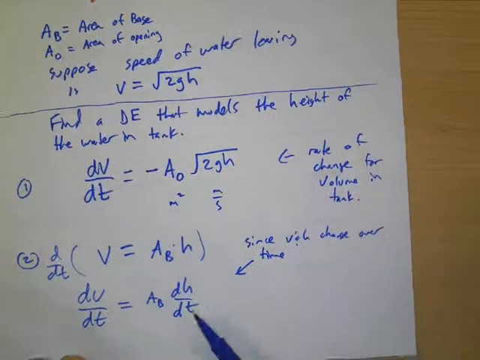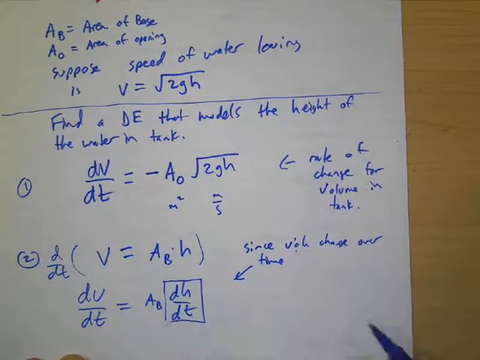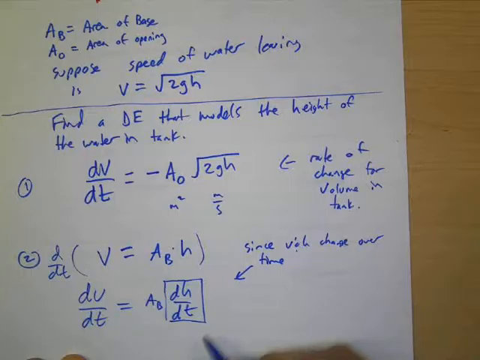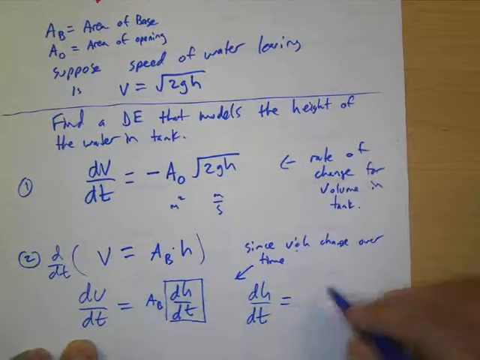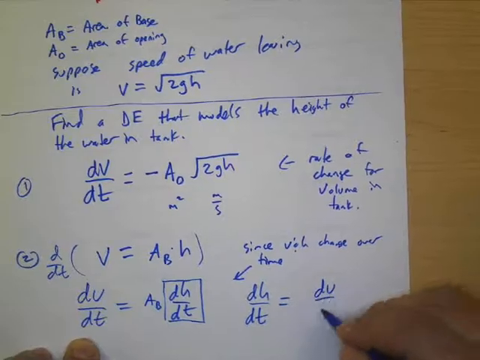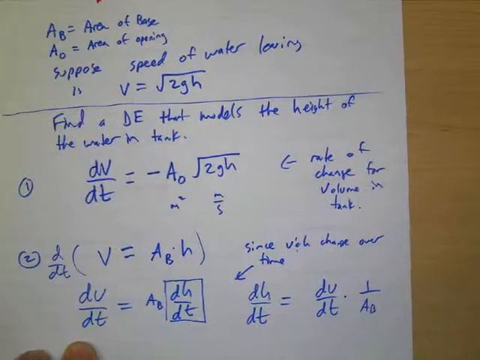And now here's where we have our height model. And we know dV dt. So dH dt will be dV dt times 1 over area of the base.